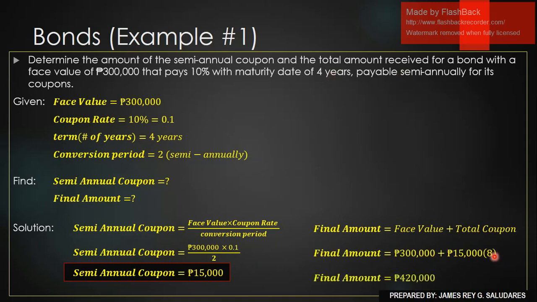So, multiply 8 times 15,000, you have, okay, 120,000, okay, plus 300,000. So, the final amount she receives after 4 years is 420,000. Okay, so that is 300,000 plus 120,000. So that is the final amount.